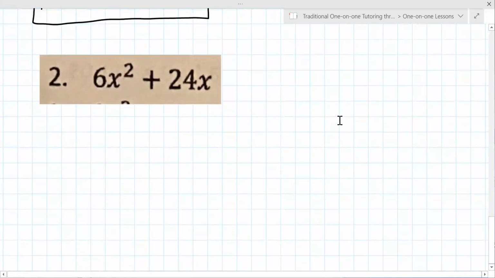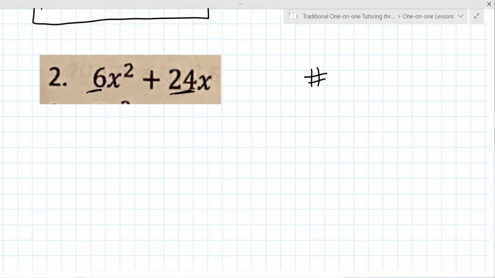Number 2. Okay, so what number goes into both 6 and 24? What's the biggest number that goes into both?